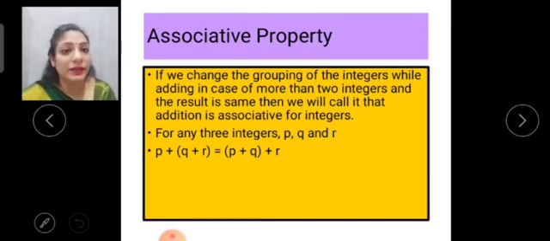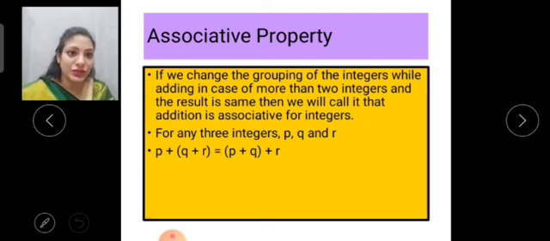Now, associative property. If we change the grouping of the integers while adding, in case of more than two integers, and the result is the same, then we will say that addition is associative for the integers.